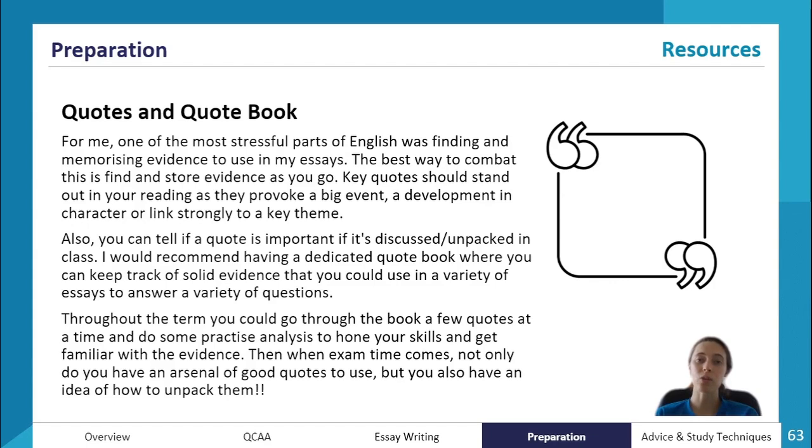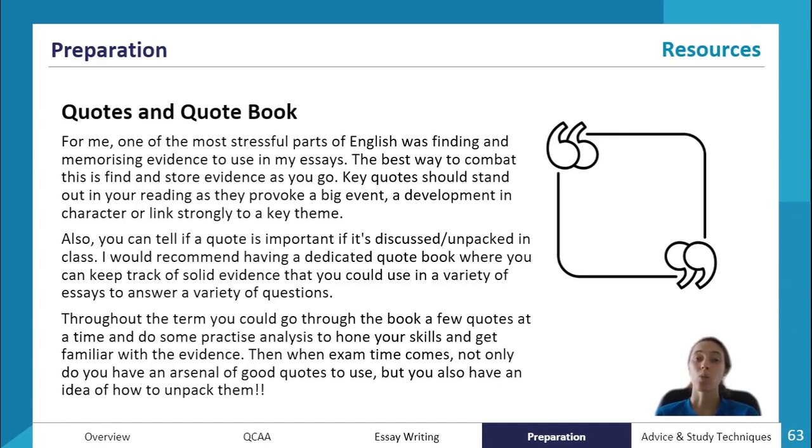So for every time that a quote related to one of those themes, I would highlight that corresponding box in the table to show that that quote related to that theme. I would write notes in that box to talk about how the quote related to the theme. And I would have other information as well.